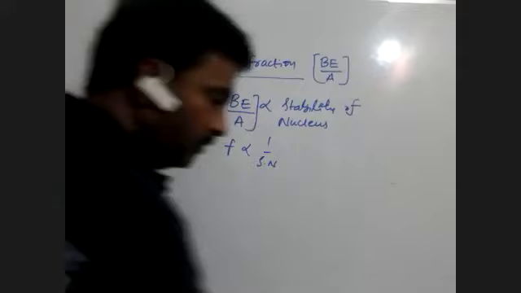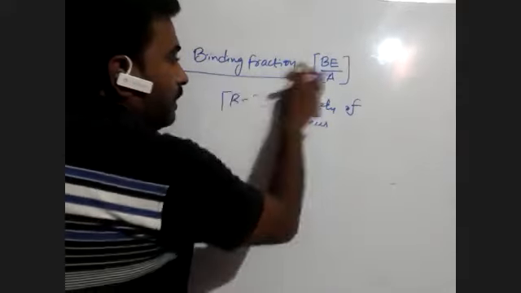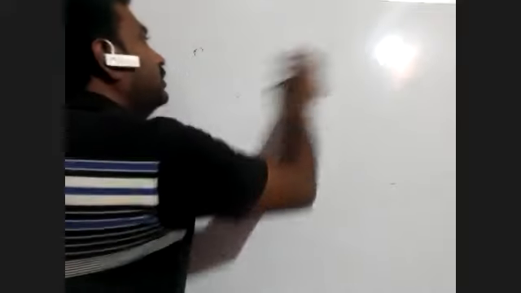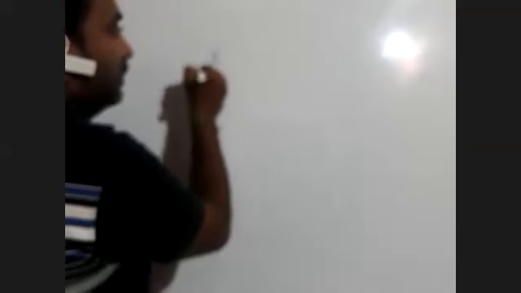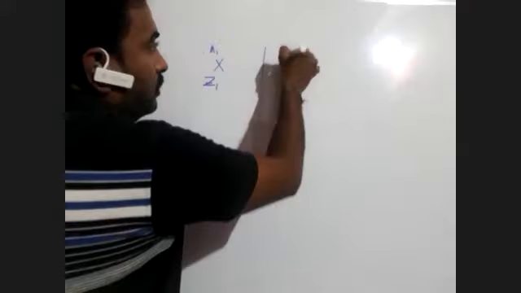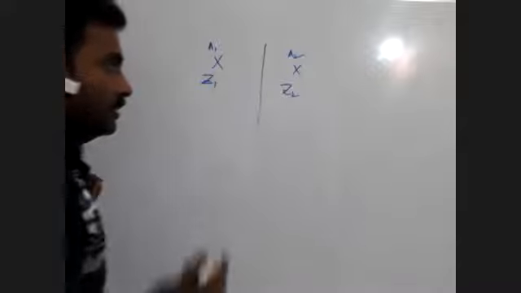We will discuss a simple statement also here. I have two nuclei. First nucleus, atomic number Z1, mass number A1. Second nucleus, Z2, A2.